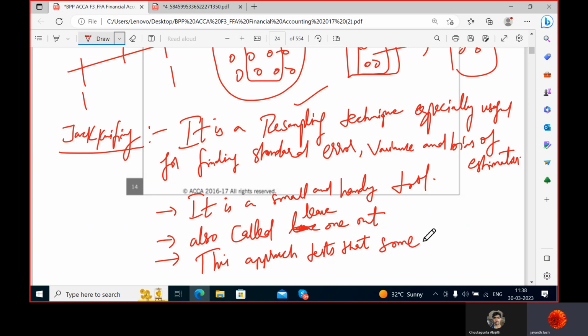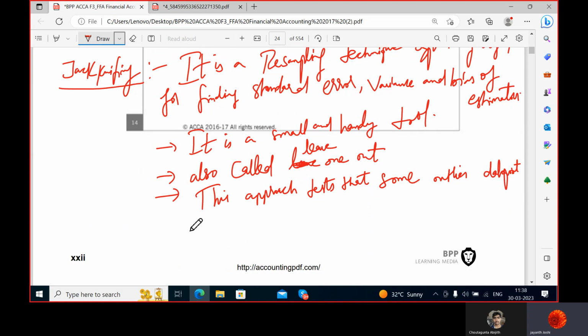So this approach tests that some outlier data point is not having an impact. That means if we leave that out, we ensure that it may not have an impact on our sample, because of which the bias is created.